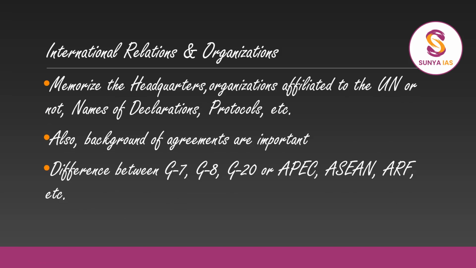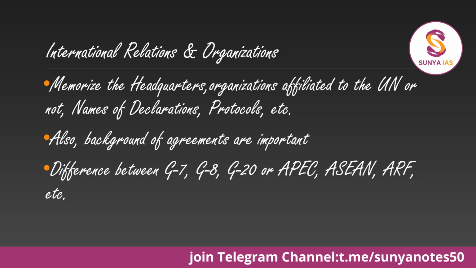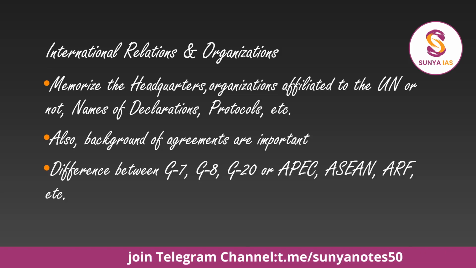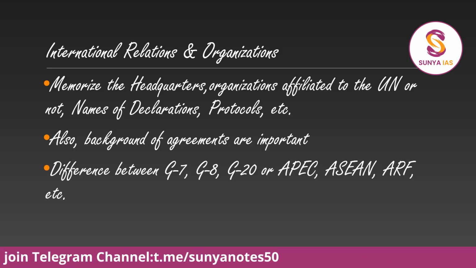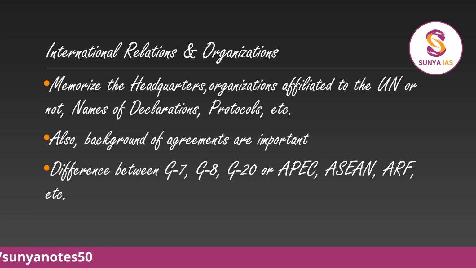Other things which have to be kept in mind are that you need to memorize the headquarters, the organizations affiliated to the United Nations, names of declarations, any protocols, backgrounds of agreements, and some other things which you need to see, like the difference between G7, G8, G20, what exactly is APEC, the Asian Regional Forum, what the differences are, and whether India is a part of these or not. So these are some things which you should try to see.